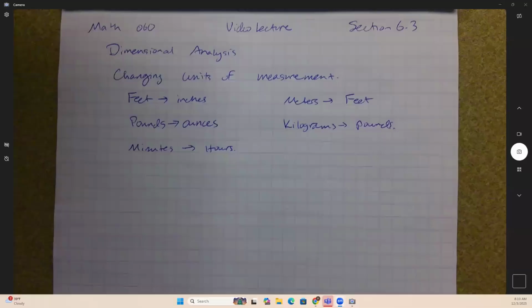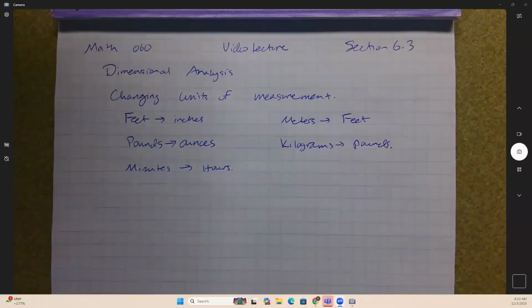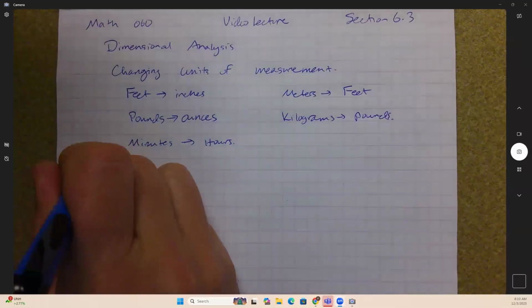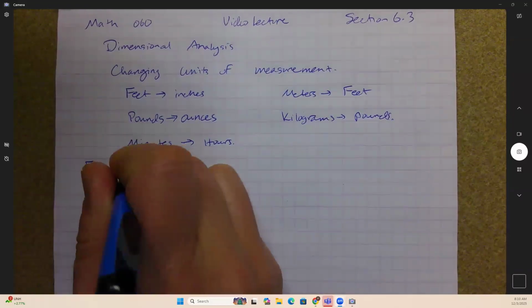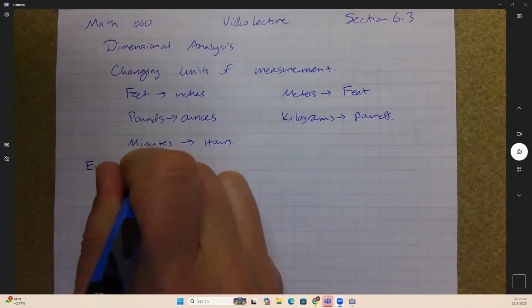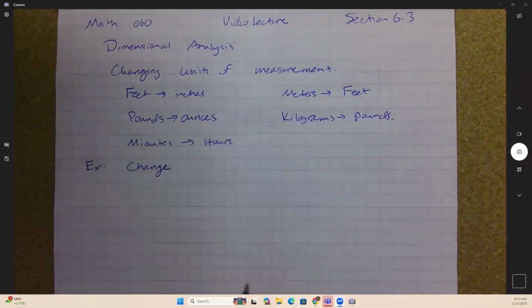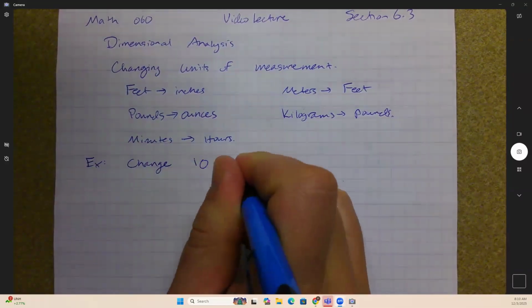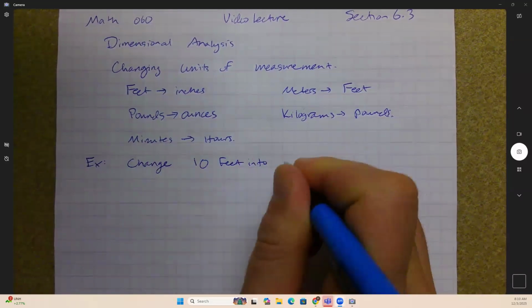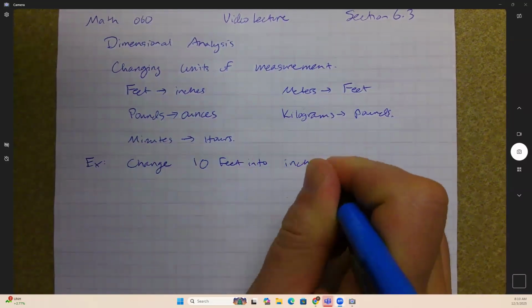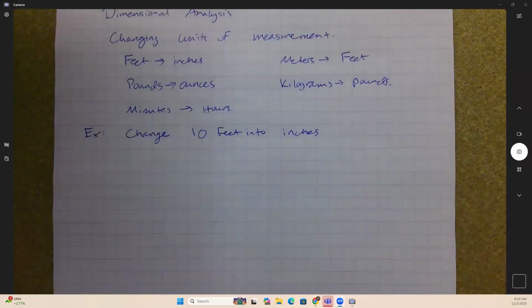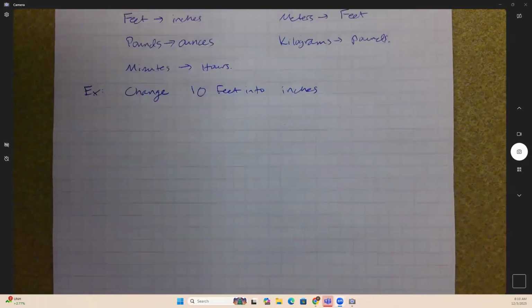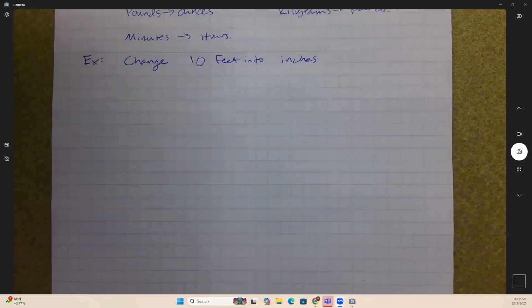So let's see how to do it. I think the easiest way is just look at an example. Change, let's say 10 feet into inches. So here's what you do.